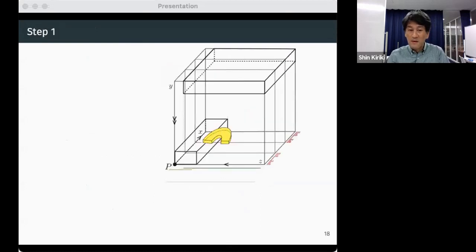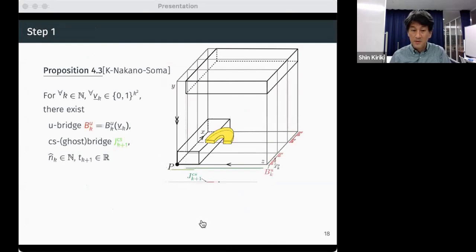So, to construct a wandering domain which has a historic behavior or Dirac physical measure, we have to take 3 steps. The first step, in proposition 4.3 in our preprint, we show that for any integer k and any sequence of code, 0 or 1, for which the length is equal to k to the power of 2, we detect the unstable bridge BUK, a projection of the blender to the strong unstable direction, and the ghost CS bridge JCS of the next generation, which is the image of the unstable bridge by the projected dynamics.